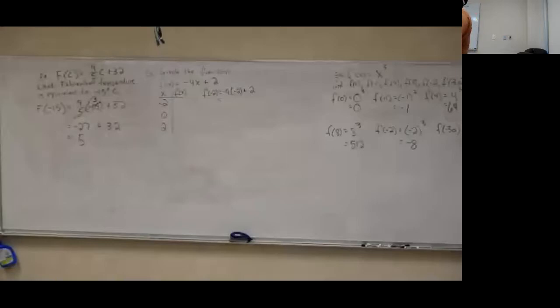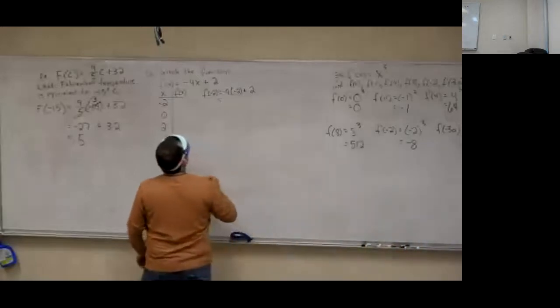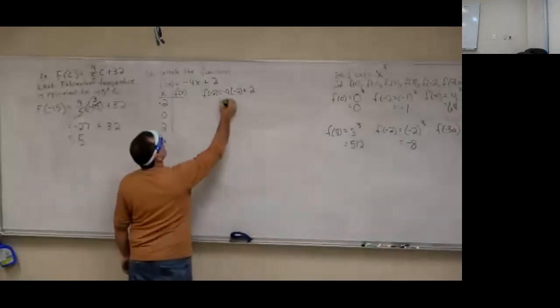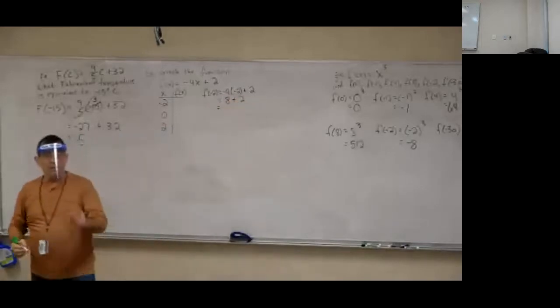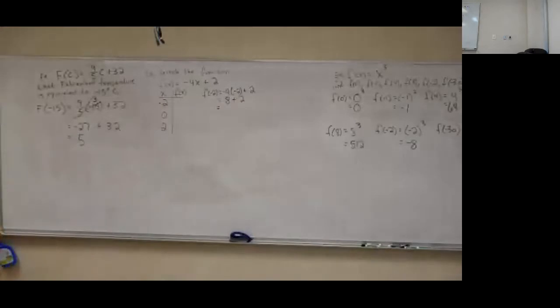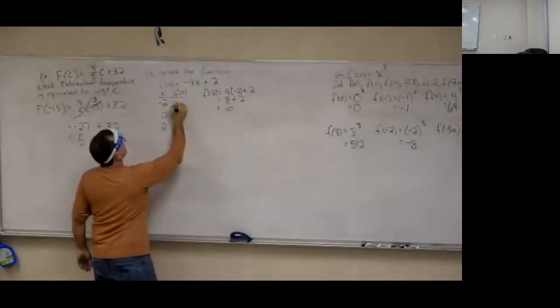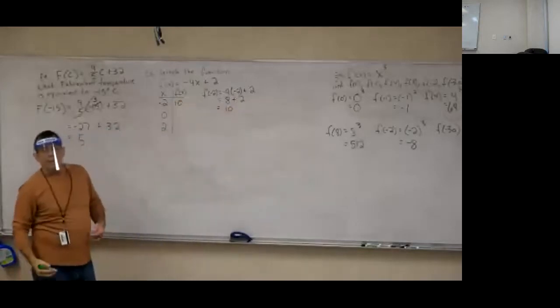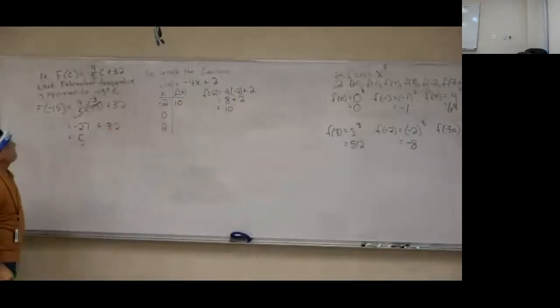Knock out parentheses first, then exponents, multiply and divide, and then add and subtract. So I got negative 4 times negative 2. Negative times negative is definitely a positive. That's going to give me a positive 8 plus 2. So that'd be a positive 10. So the first point I'll plot in MATLAB would probably be my negative 2, 10.